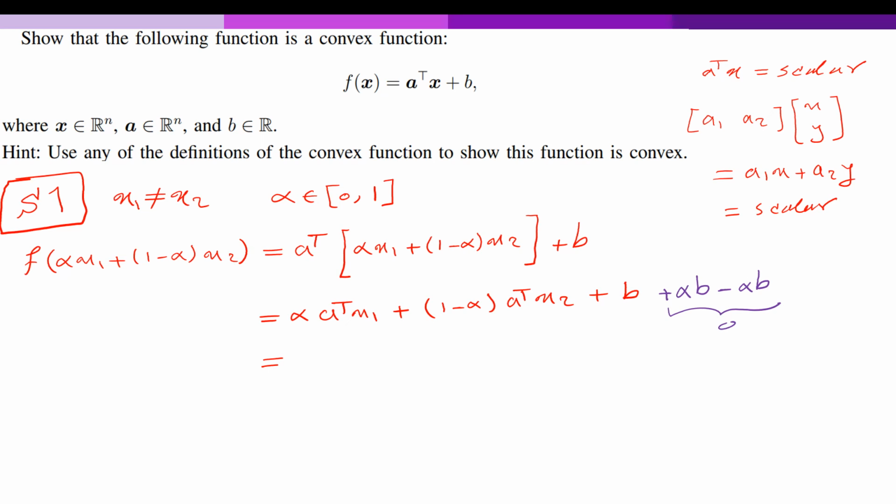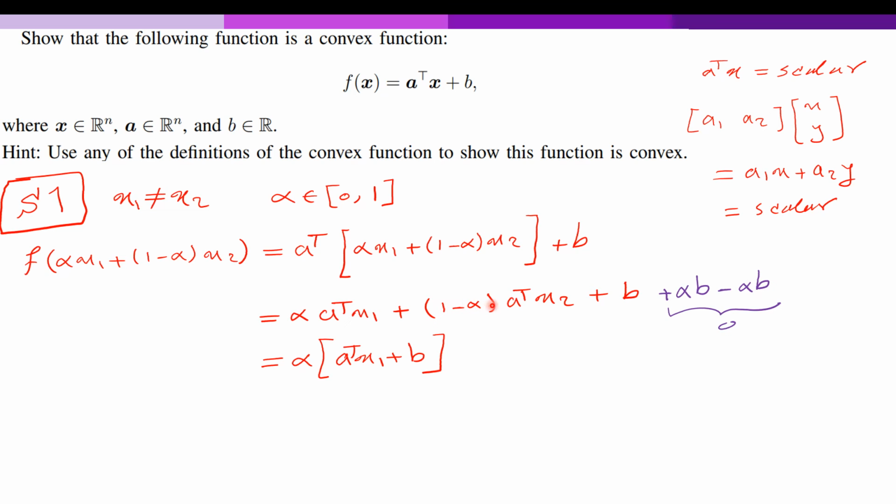This will give you alpha (a transpose x1 plus b), and this b with this negative alpha b creates a 1 minus alpha multiplied by b.